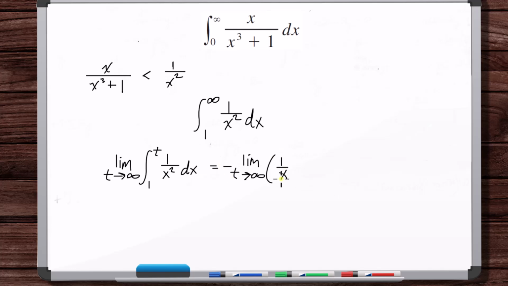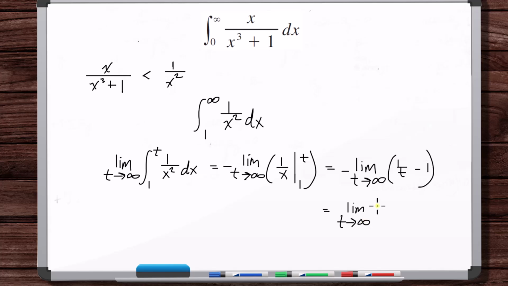So 1 over x from 1 to t. So 1 over t minus 1. And let's bring the minus back in. Okay, so as t approaches infinity, this goes to 0, so this limit goes to 1. So this improper integral is equal to 1.